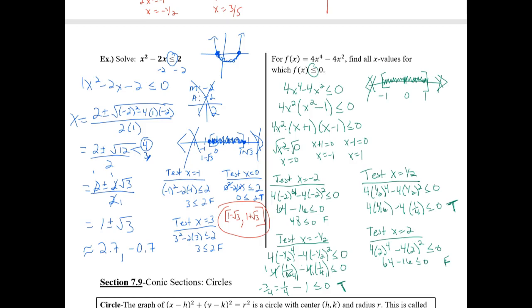So the final solution set would be from -1 to +1. I'm not going to break it up into 2 separate regions because I'm hitting everything from -1 up to +1. So essentially what's happening is this is one of those ones where it's going to bounce off of the x-axis and continue being less than or equal to 0.